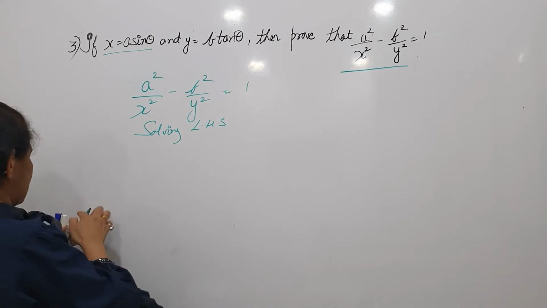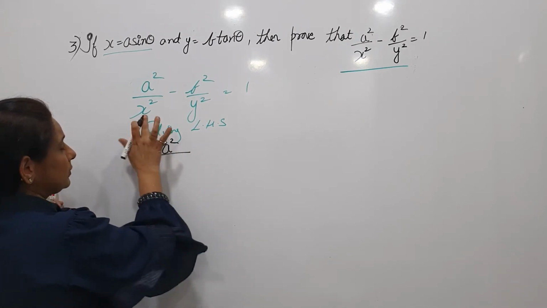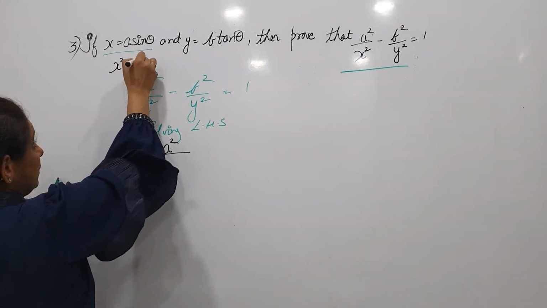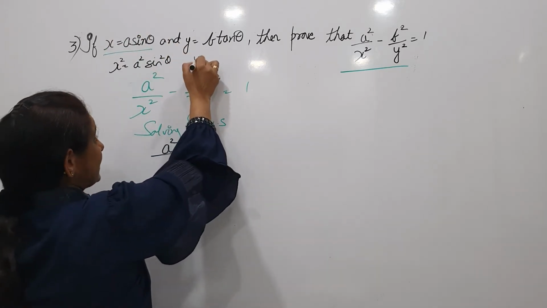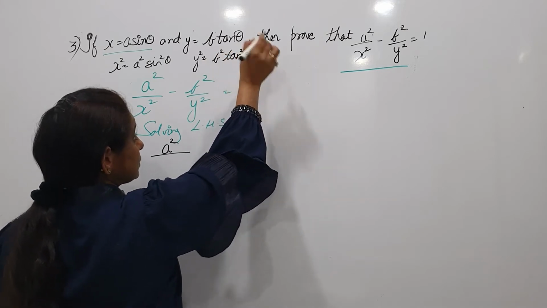So we are going to write that a square upon, x square की वैल्यू क्या होगी? It will be a square sine square theta. और y square की वैल्यू क्या होगी? b square tan square theta.